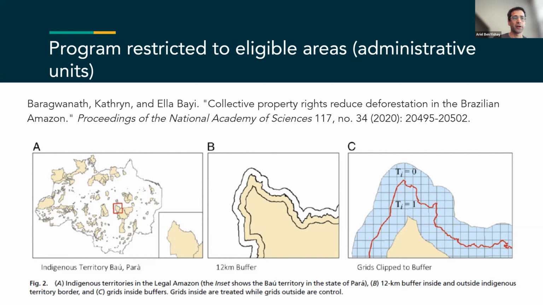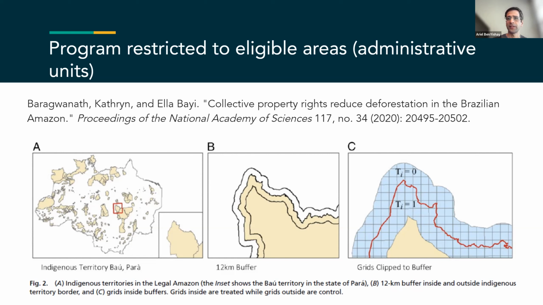This is a nice RD corollary to the example I showed yesterday, where we had ourselves run a panel model on many of these same indigenous communities whose land rights were formally recognized in the Amazon. So in this particular case, the authors have on the right-hand graph the red boundary of the actual indigenous community's lands, and the blue buffer is essentially the 12-kilometer buffer inside and outside of that border.